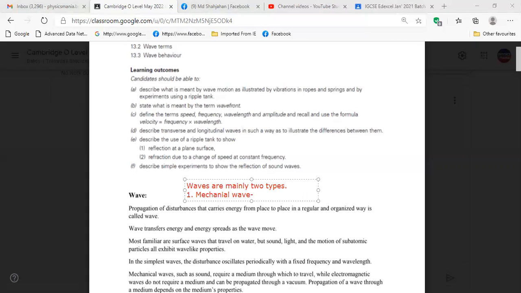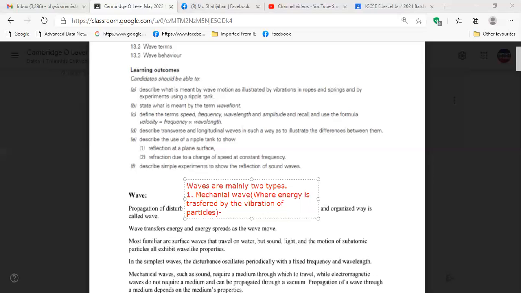For example, first you write what a mechanical wave is: where energy is transferred by the vibration of particles.